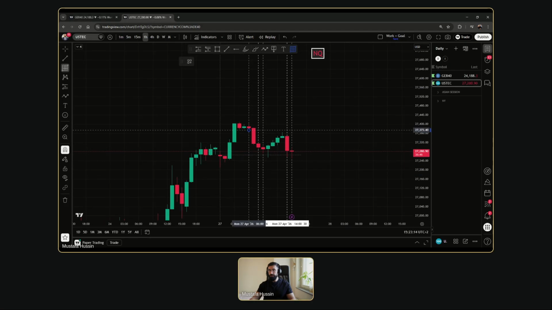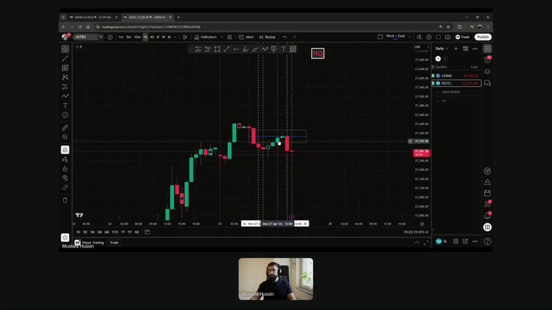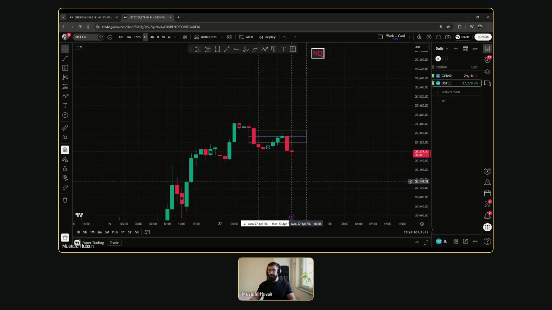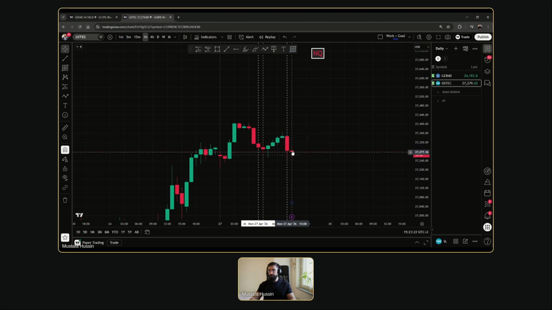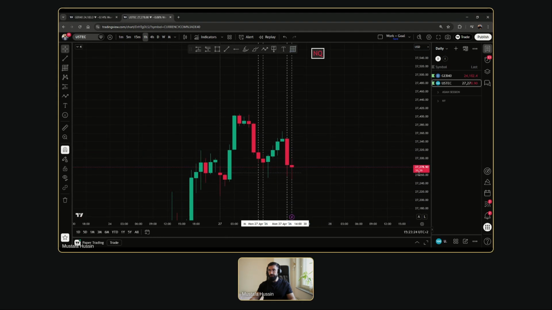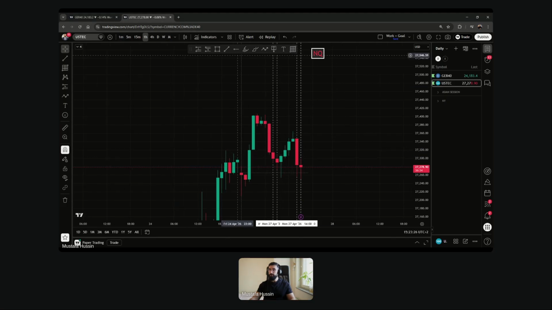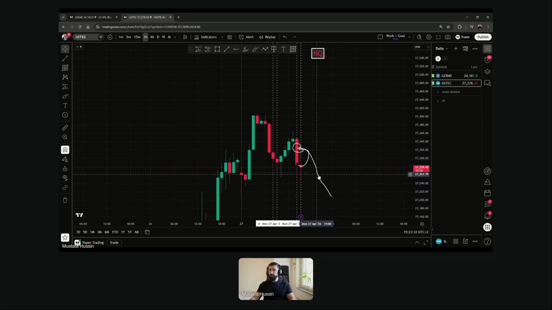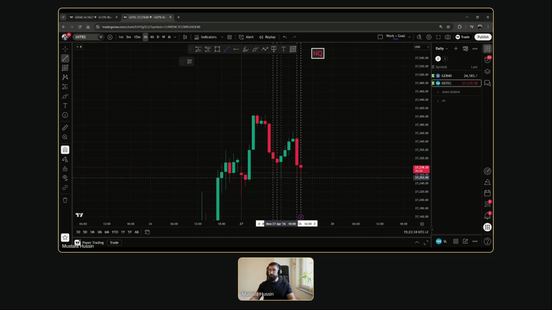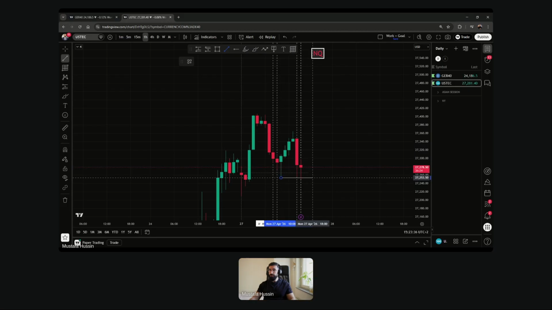So it might be a fair value gap reaction, continue to the downside. After this candle closes on the 1 hour, which is in 36 minutes, it might continue to the upside, respect this area, and then continue. But it's still uncertain because we just swept this sell side liquidity.